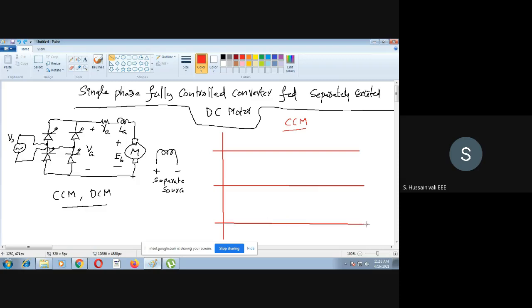As many waveforms as possible we'll draw.